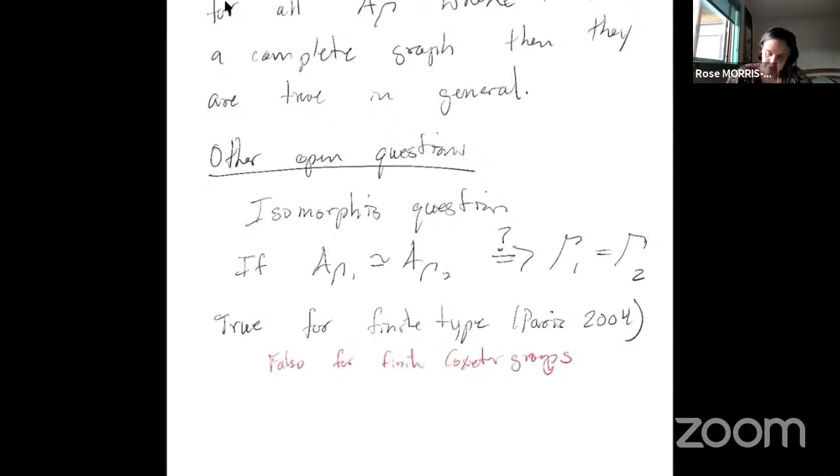So there are examples of graphs where I can have two graphs that produce different Coxeter groups but the same Artin group. So Artin groups are in some sense more rigid than Coxeter groups. You can think about it that way. This is also known.